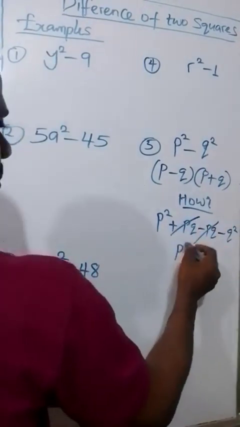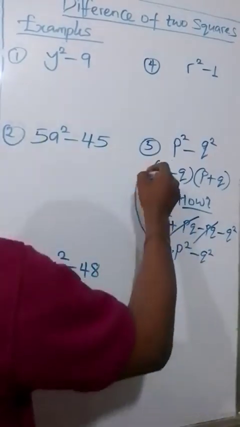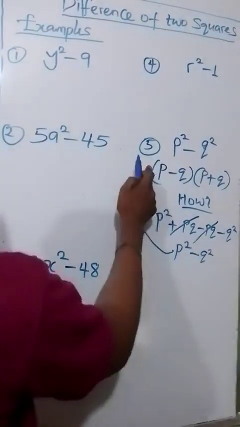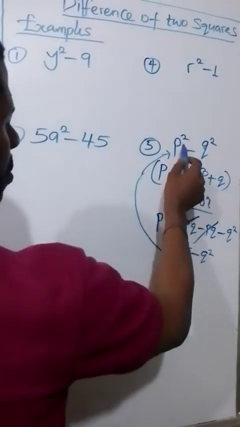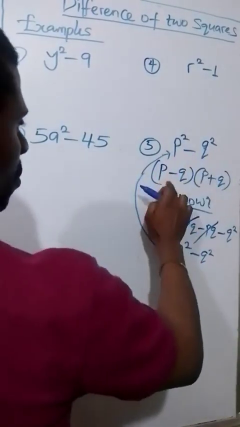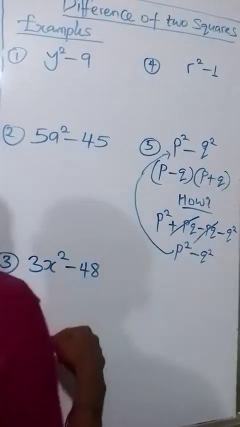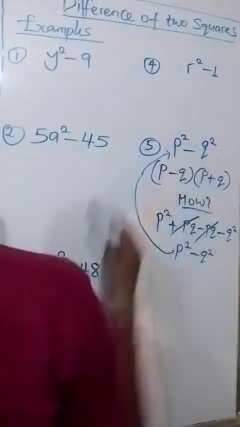So you have p squared minus q squared. So that's how we arrive at this. You understand? So p squared minus q squared will give you p minus q and p plus q. And this applies everywhere you have difference of two squares.